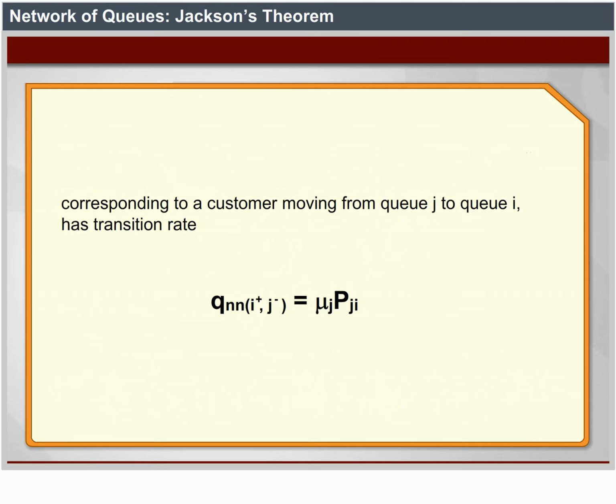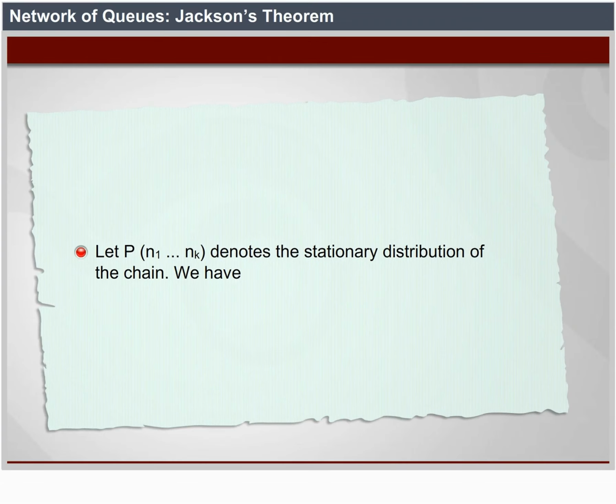Let p(n_1 to n_k) denote the stationary distribution of the chain. We have Jackson's theorem.